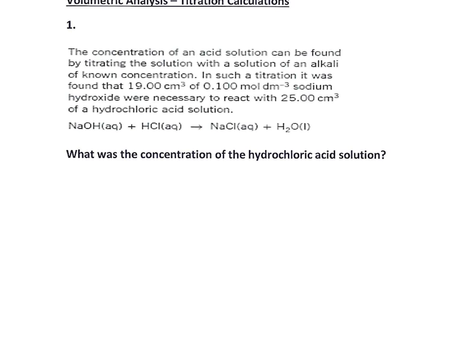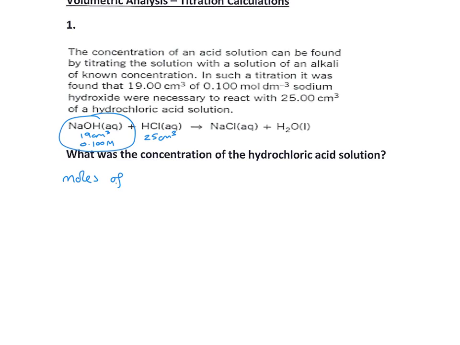So if we write down the information we've got underneath the equation, we've got 19 centimetres cubed of sodium hydroxide, and we know it's 0.1 mole per decimetre cubed concentration. The hydrochloric acid, we know we've got 25 centimetres cubed. So it's the sodium hydroxide that we've got the most information about, so that's where we can start.